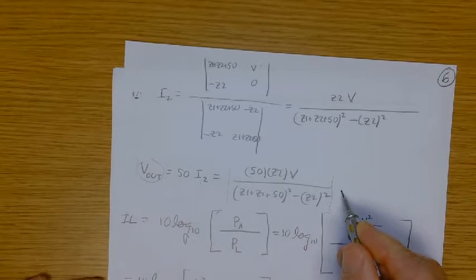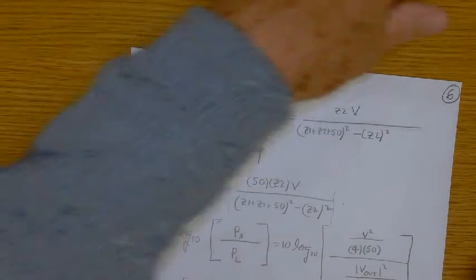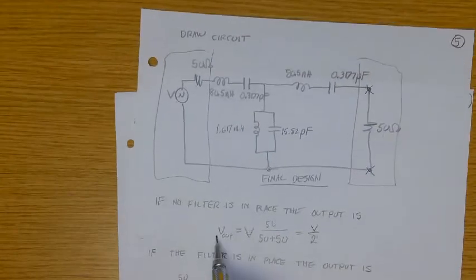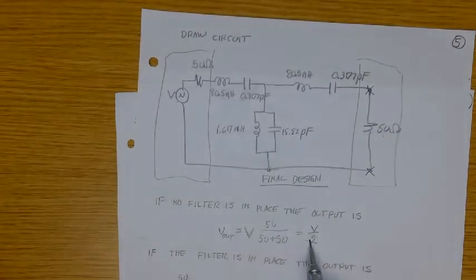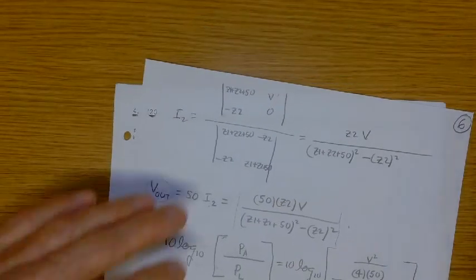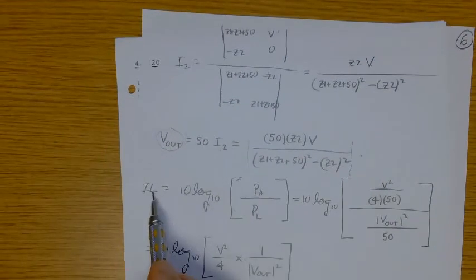Okay, so those are the two quantities that I need. So my insertion loss is defined as 10 log base 10 of the power available divided by the power with essentially the circuit in place.